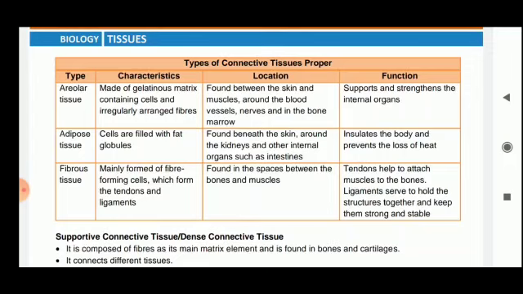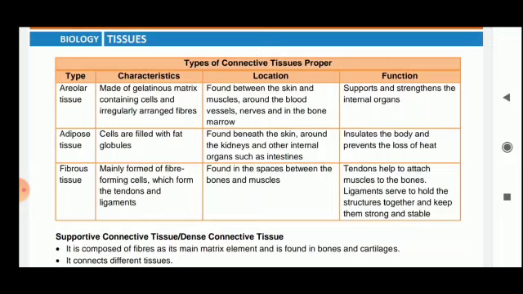Because they are found beneath the skin, your skin looks shiny, because fat gives you a chubby look and makes your body shiny, right? They are also found around the kidneys and other internal organs such as the intestine. So this is the main location.